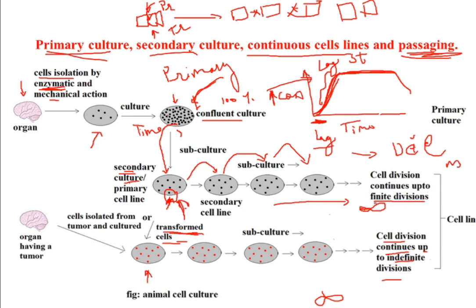Depending on the cell, you will have limited divisions, limited passaging or subculturing. It will not go on for n number of times. But if you perform some experiments which cause the cell in the secondary culture to transform, and you culture it in the media and the cell gets transformed, then that cell can be cultured for n number of periods.